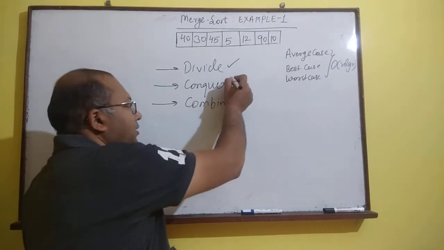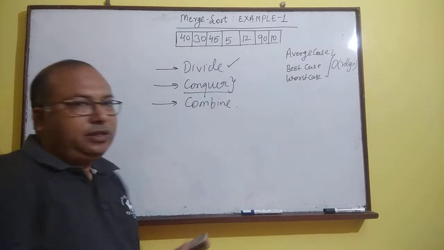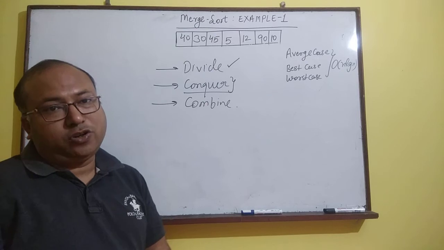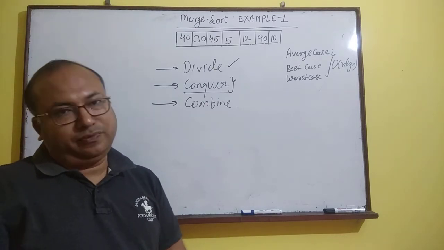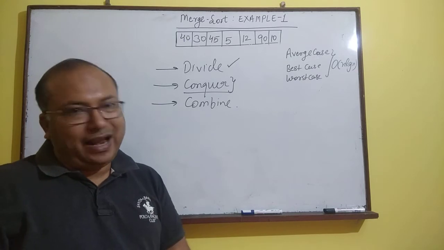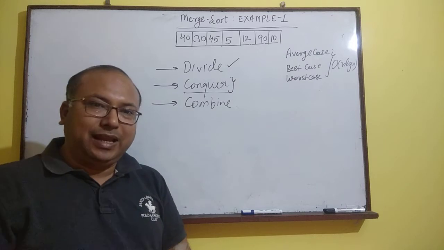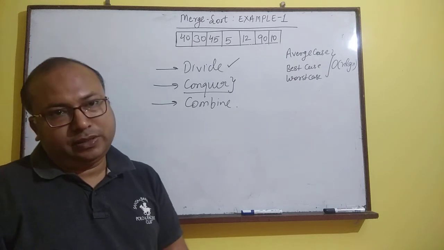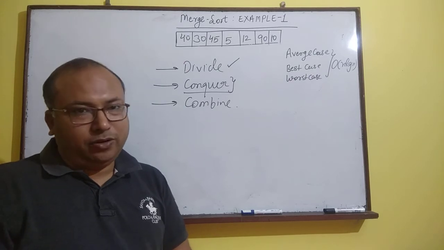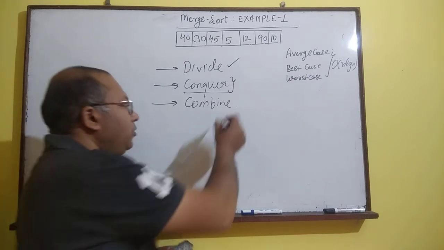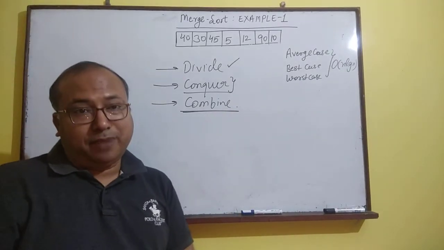So after dividing, we come to the next step of the divide and conquer technique, that is conquer. Now all single elements are sorted in themselves, so there is no need to apply any algorithm to conquer our problem. Now we need to apply the third important step of divide and conquer, that is combine.